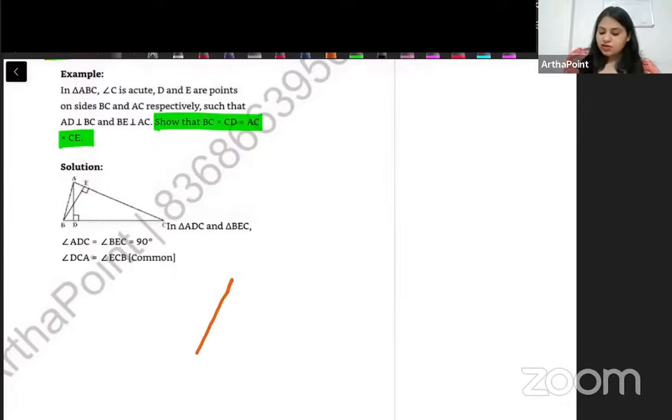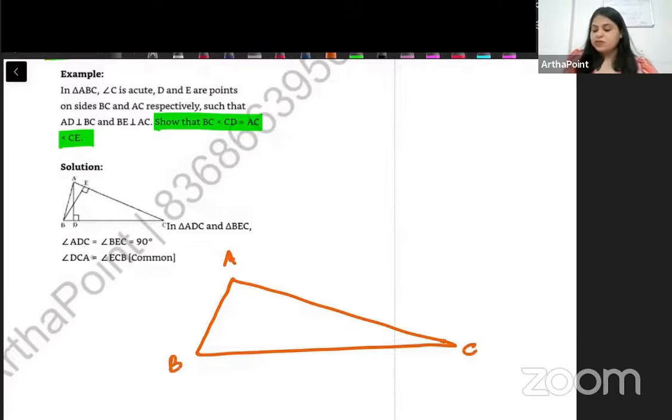You're given this triangle A, B, C. It is drawing a line perpendicular from B to E. It is drawing a line perpendicular from A to D. Right?